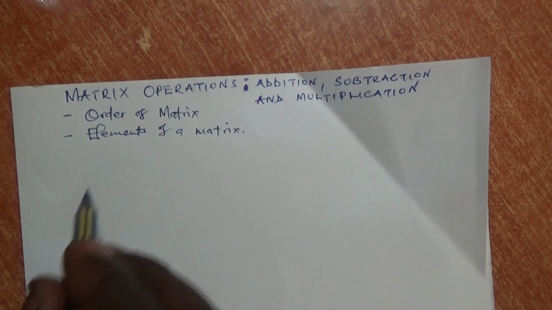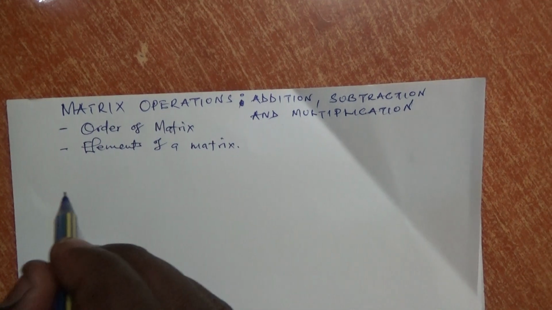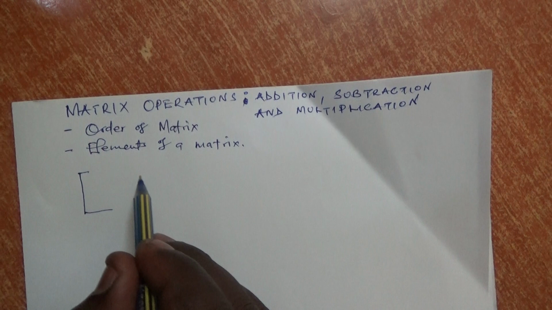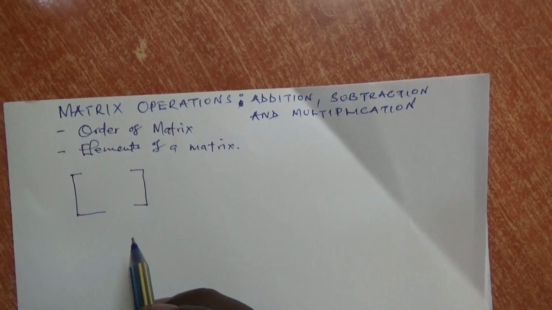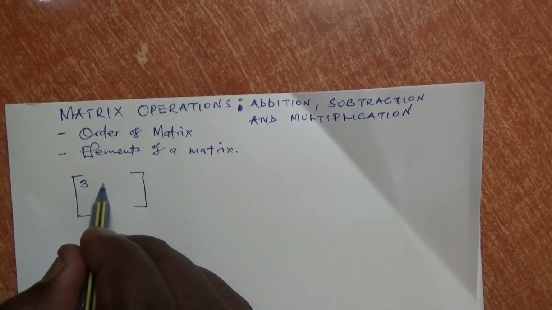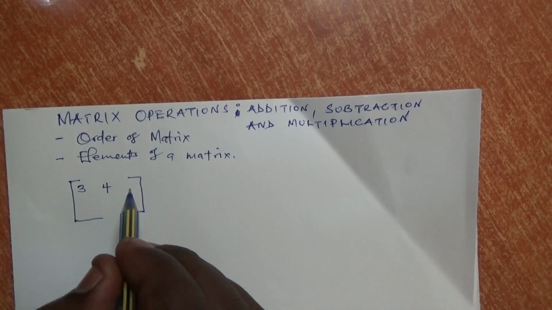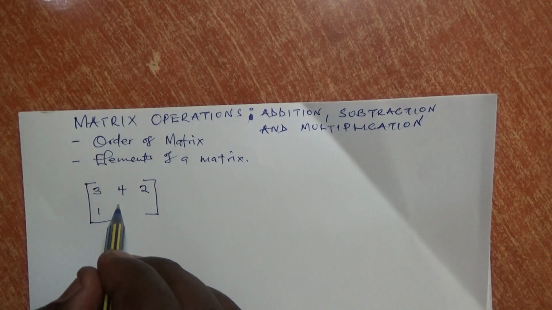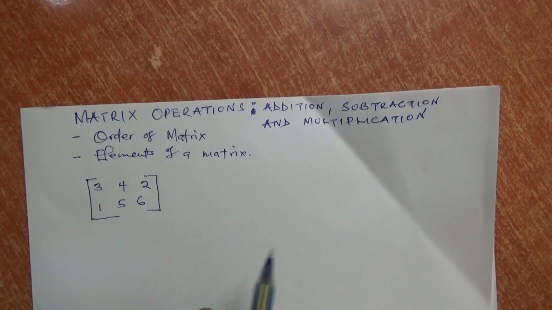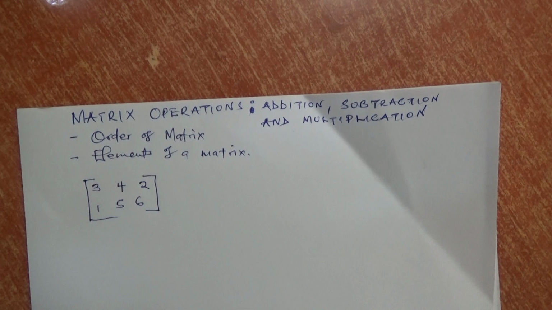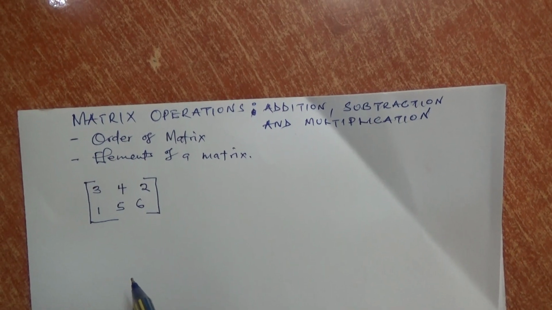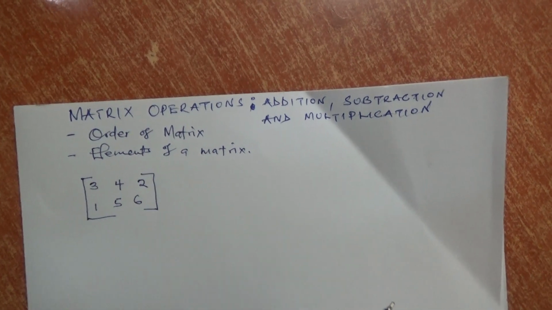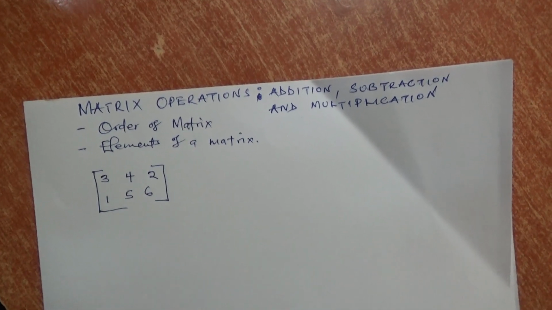For example, we can have a matrix in the name of A like this one. If this is a matrix and we have 3, 4, 2, and then we have 1, 5, and 6. The order of a matrix is determined by finding the number of rows and then going to columns.